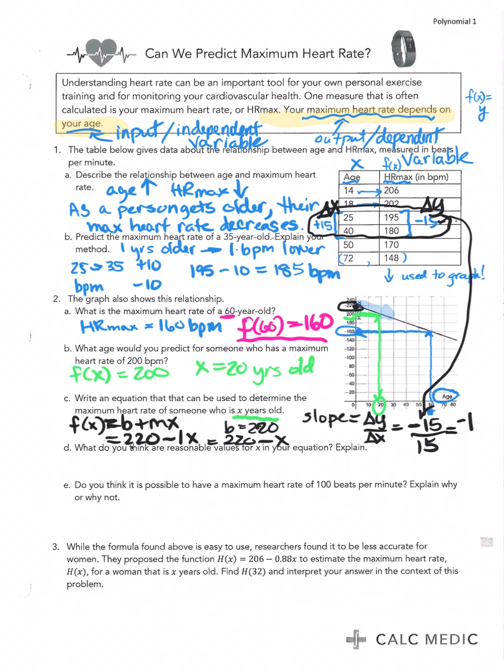So what do you think are reasonable values for x in your equation? What would a reasonable value be? In other words, can we go below 0? Can you be less than 0 years old? No, you can't.